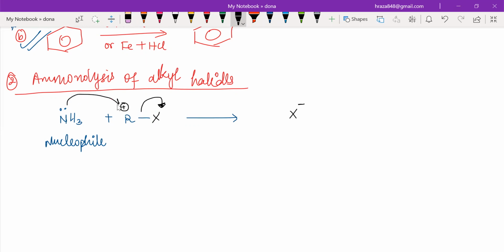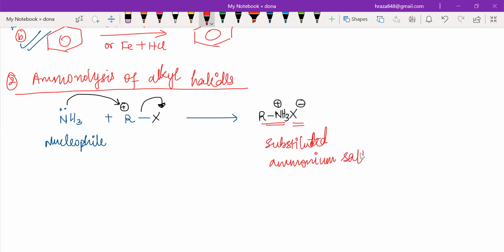So this will attack on this and it will form RNH3 positive. And you can see there will be an ionic bond between this RNH3 positive and X negative. And this is known as basically substituted ammonium salt. Are you getting my point how you get it, or should I explain it more?